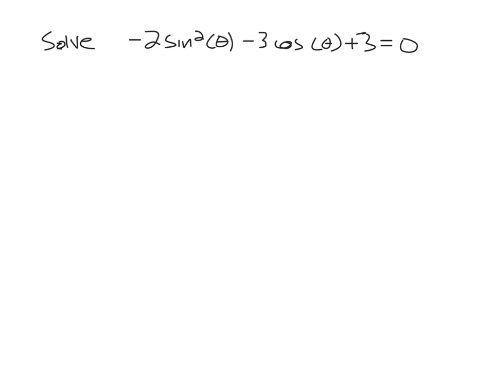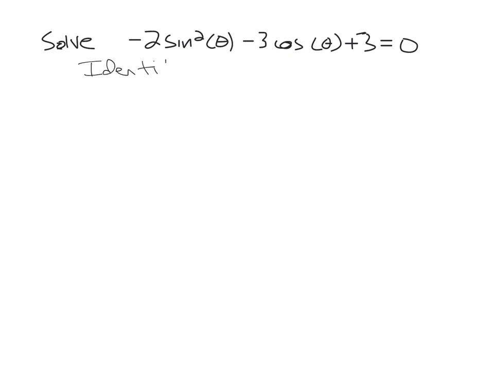So we have negative 2 sine squared theta minus 3 cosine theta plus 3 equals 0. So this almost looks like a quadratic type of equation, except the problem is we have sines mixed in with cosines. So once again, we're going to bust out our faithful identity.